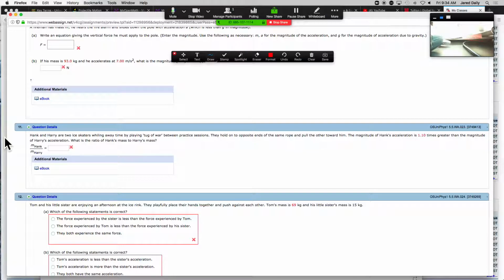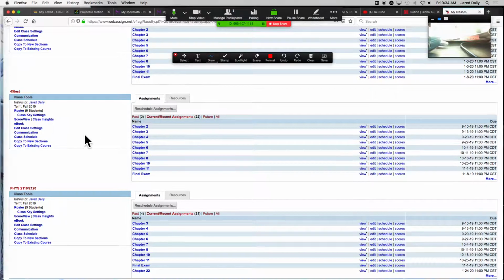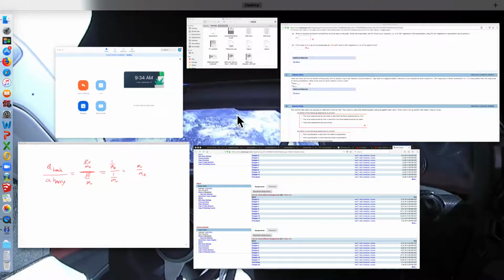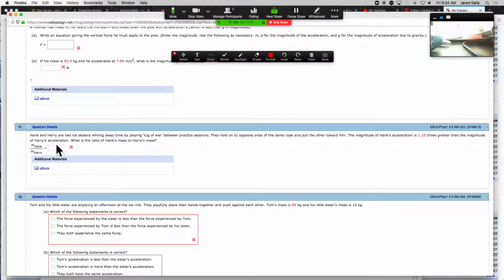So they're asking for the exact opposite of what we just solved for. So we just take this and flip it over. We take acceleration of Harry over acceleration of Hank, and that's our answer.